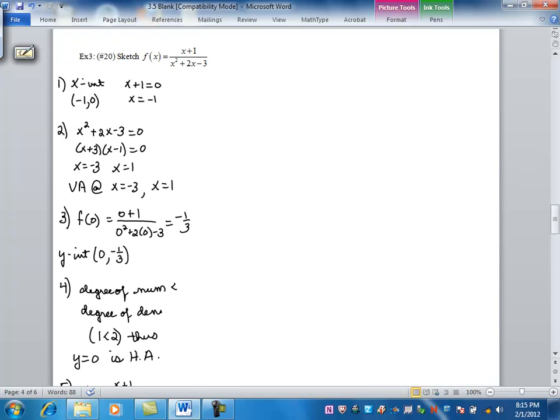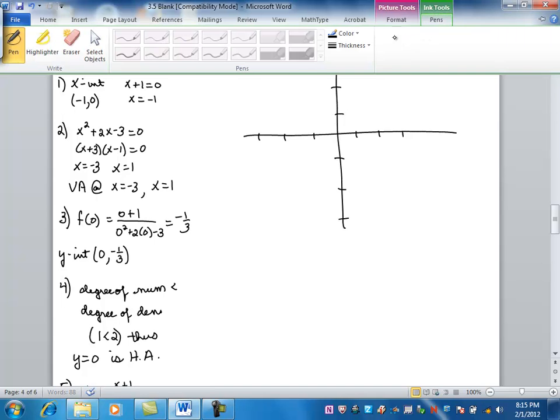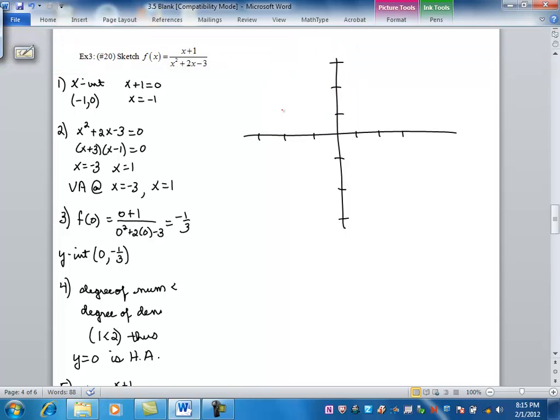So we take a look now at our graph. And again, let me change colors here for us. So we've got an x-intercept at (-1, 0). We've got vertical asymptotes at x equals negative 3 and x equals 1. We've got a y-intercept at (0, -1/3).